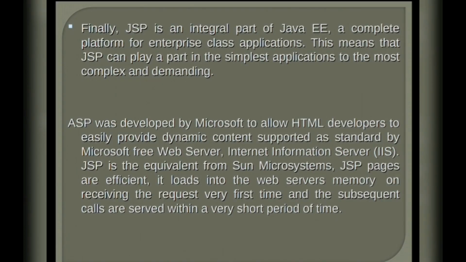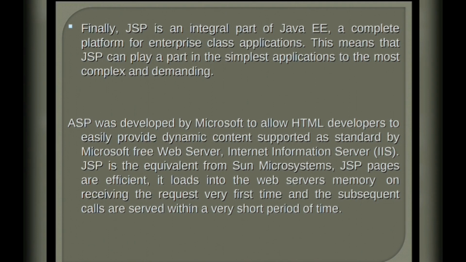We know that in advanced Java web technologies, there are three editions. The first one is Java Standard Edition, J2SE, the second is Java Enterprise Edition, J2EE, and the third is Java Micro Edition, J2ME.